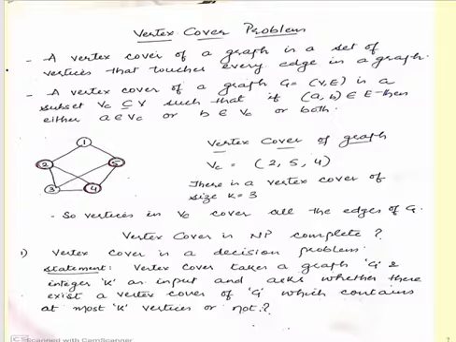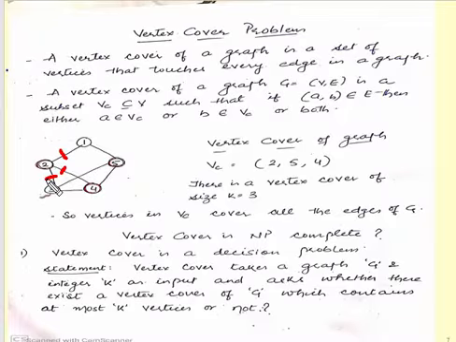For this, suppose I first take vertex 2. Now what are the different edges starting from this node 2? So I cut this edge, this one, and this one.